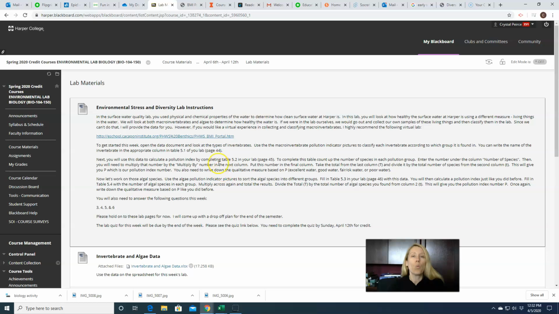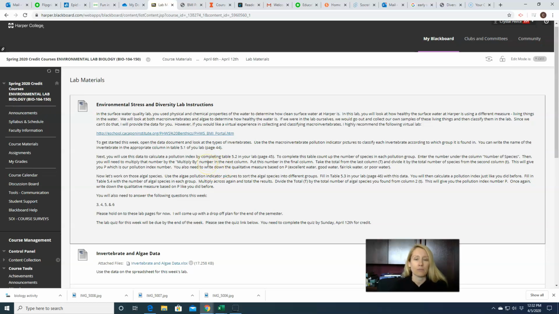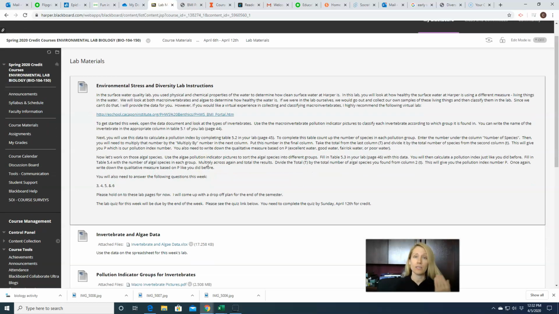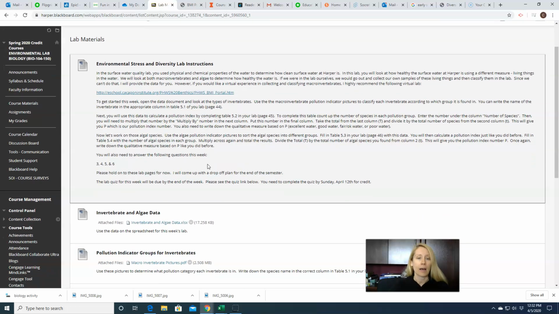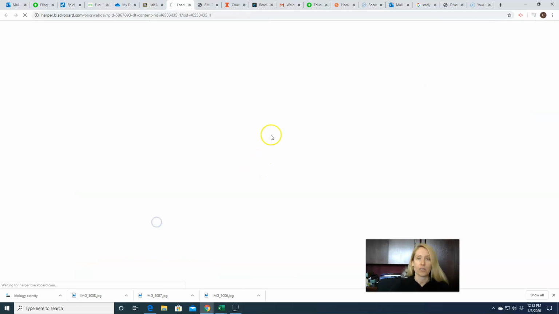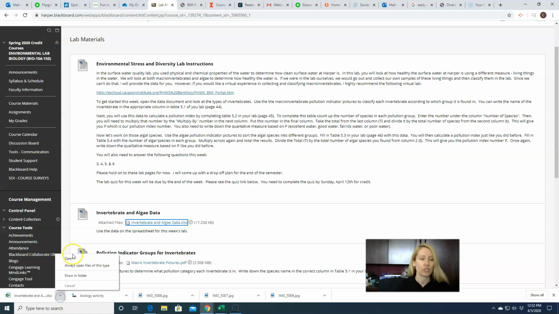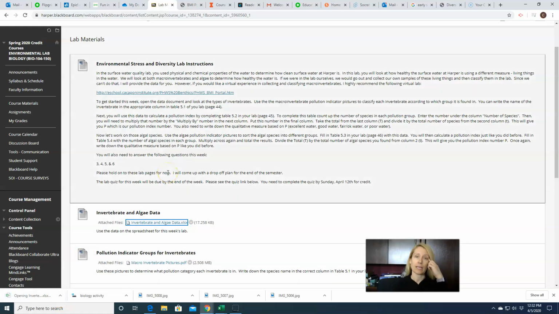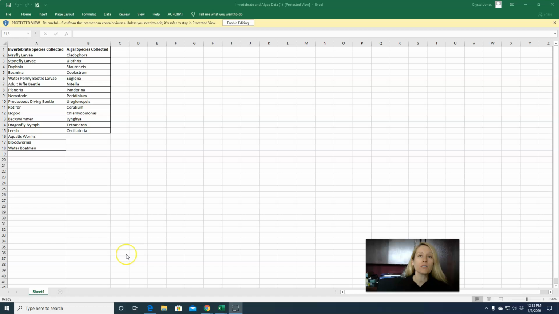What we're going to be doing, just like in previous weeks, is that I have given you the data for this week's lab. It is in a spreadsheet again, and this spreadsheet has two types of data in it. It has data for the macros, and also as part of this lab, in addition to looking at the macroinvertebrate data, we're also going to be looking at algae. In lab, normally you would come in, get your samples, start separating your species out, and try to identify them.